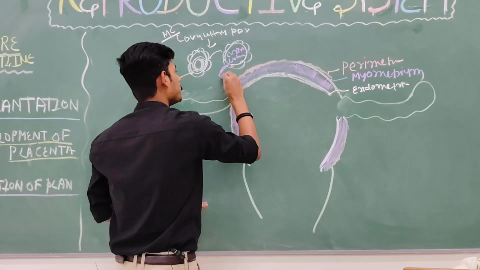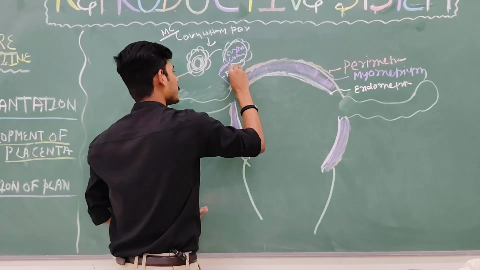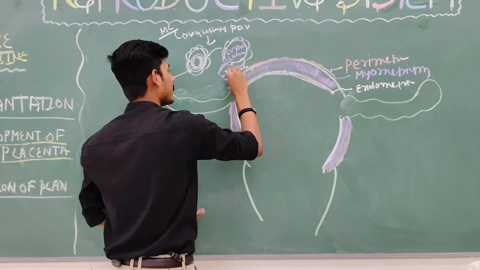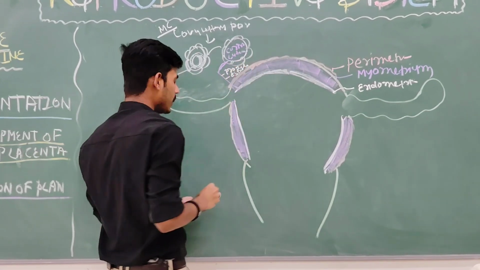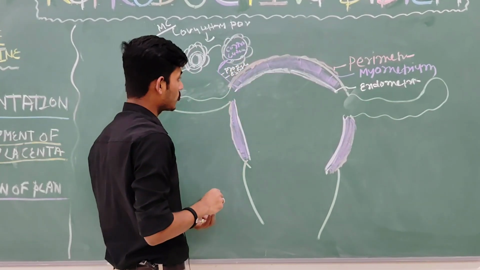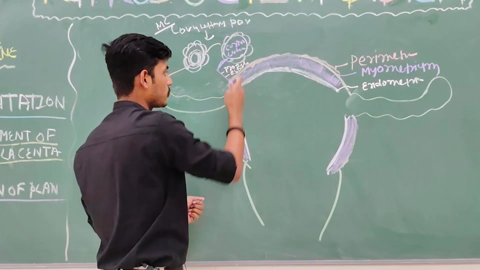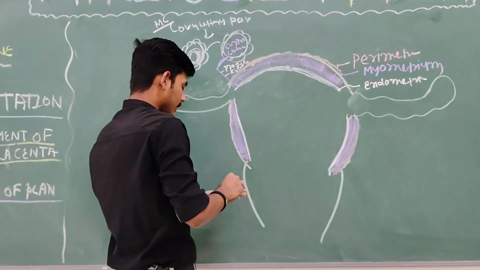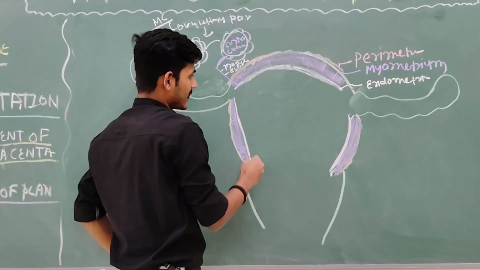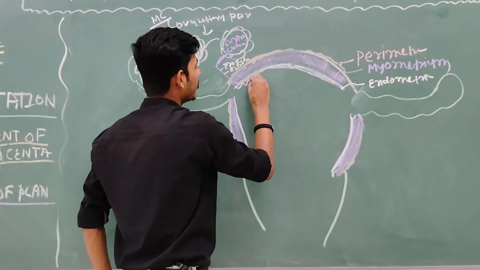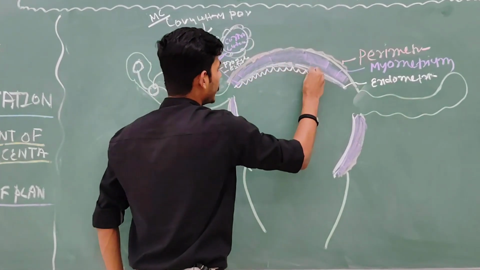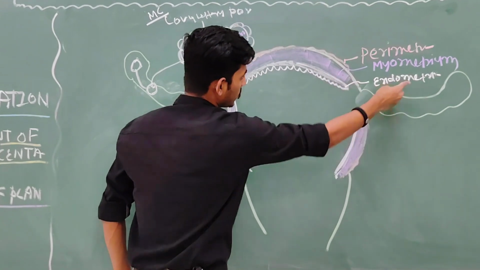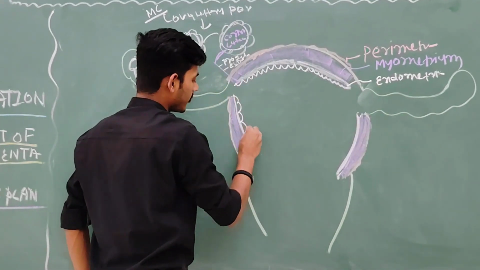These hormones are mainly two, progesterone and estrogen. Now the functions of progesterone and estrogen work in sequence. First the progesterone will work and send its chemical signals, its message, to proliferate the endometrium.